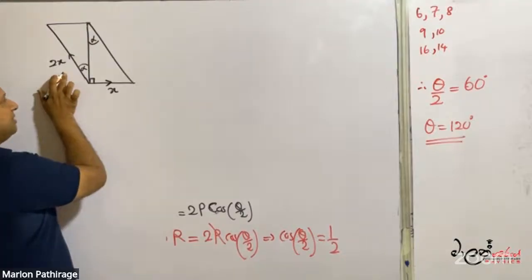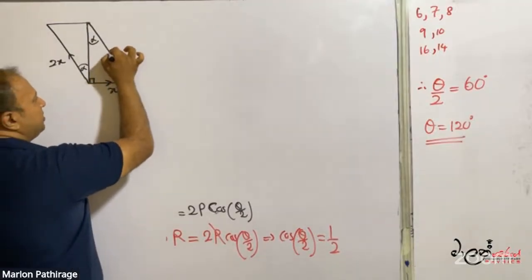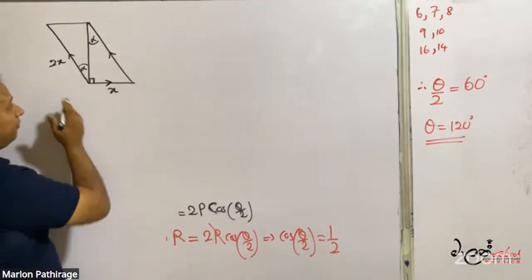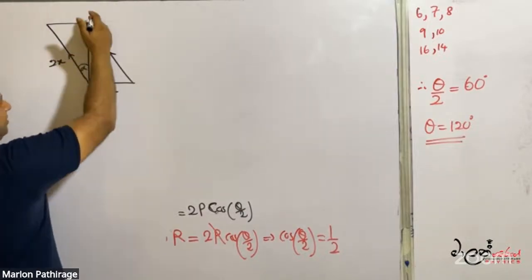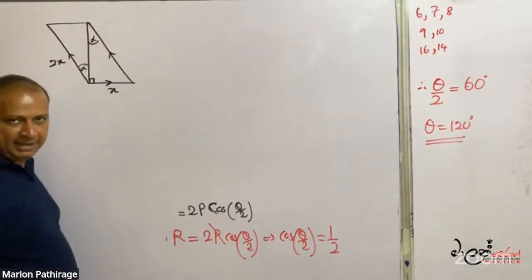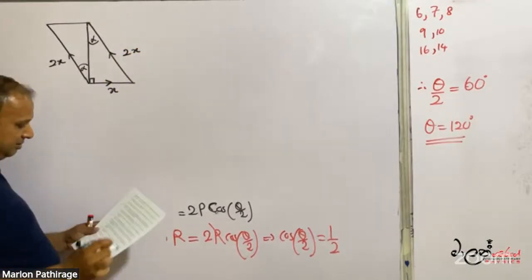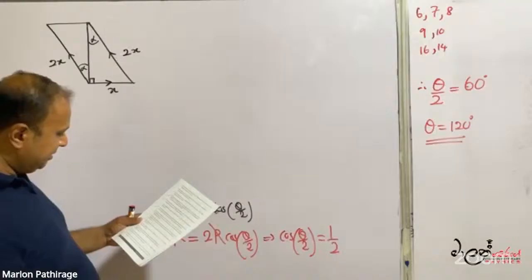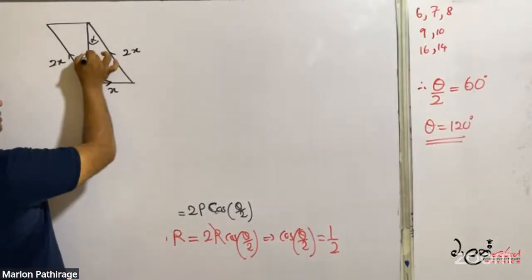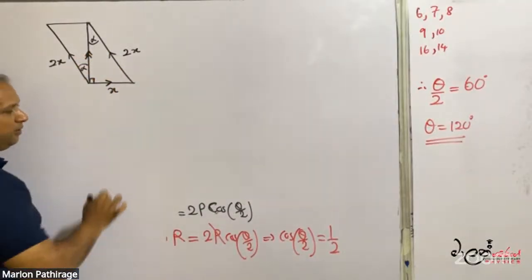If this one is 2x, this side is also 2x because this is a parallelogram. Therefore, if this side is 2x, this side should be equal in length. And now the resultant force is perpendicular to the smaller force.